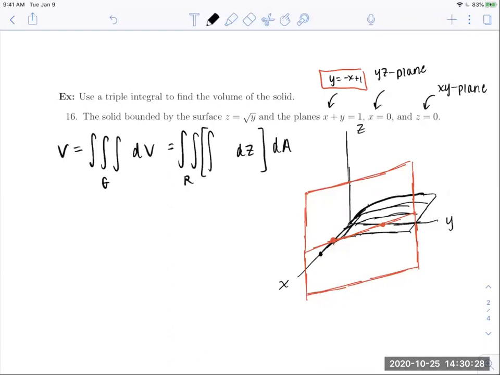Your lower surface is z equals 0, the xy plane. Your upper surface is that cylindrical surface, the square root of y. So here's our first step.